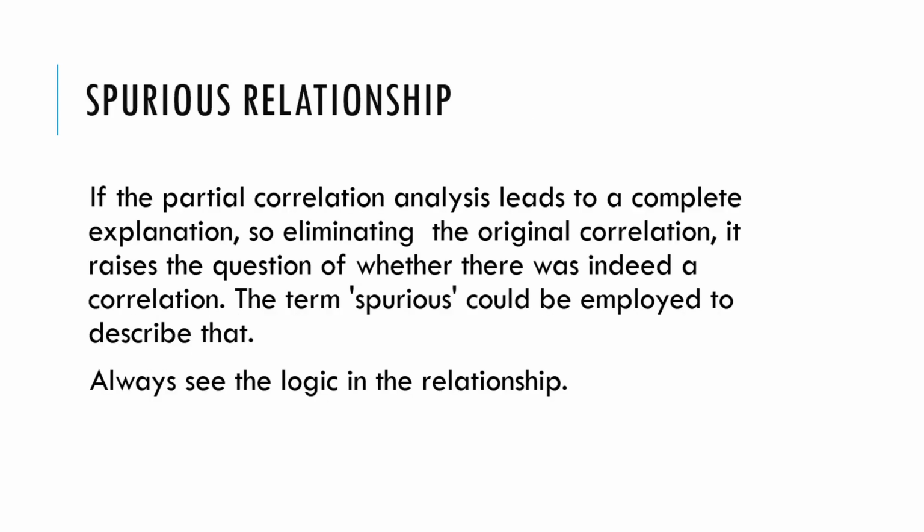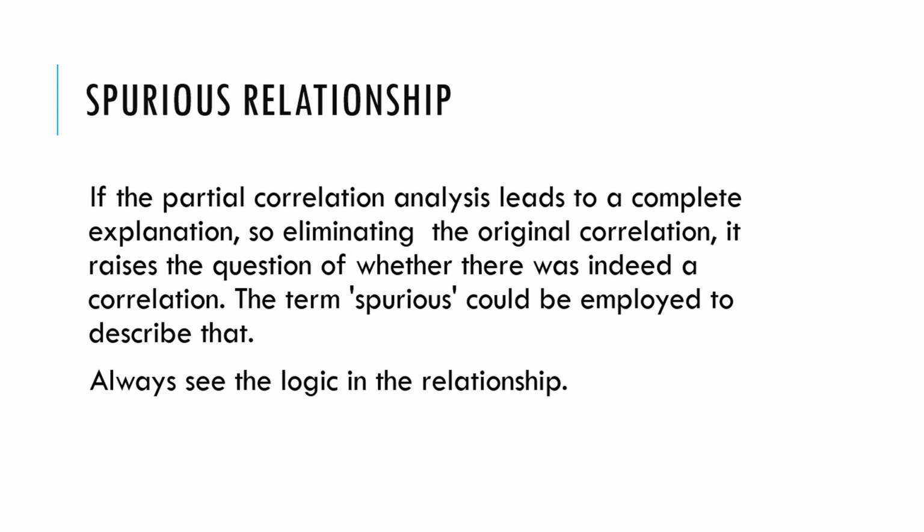And what is a spurious relationship? If the partial correlation analysis leads to a complete explanation, eliminating the original correlation, it raises the question of whether there was indeed a correlation. So the term spurious could be employed to describe that.